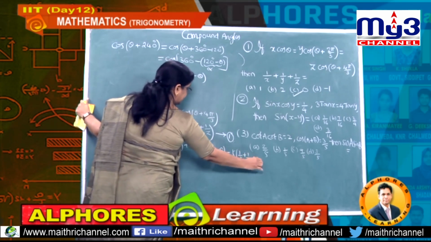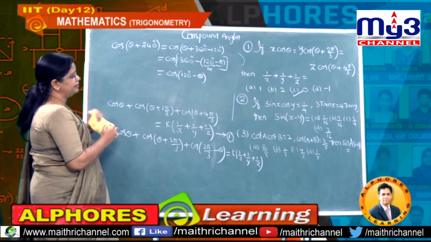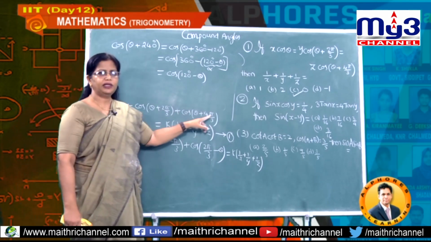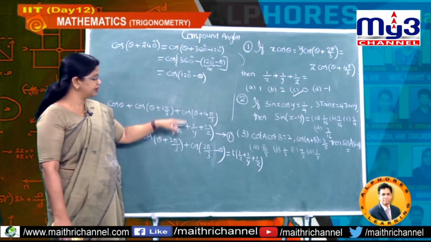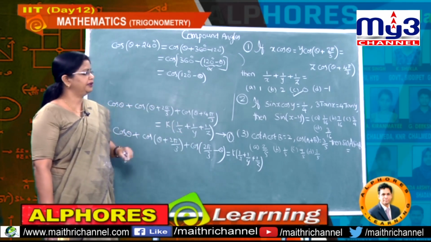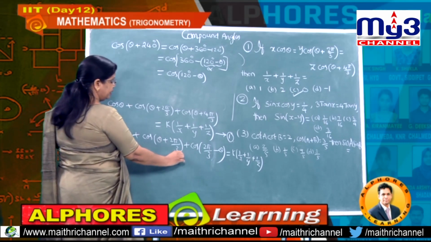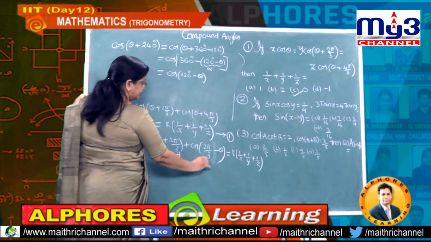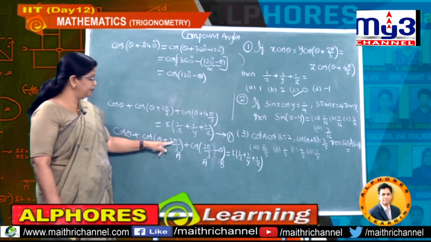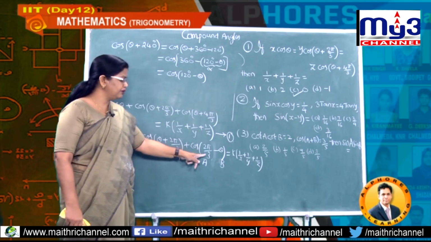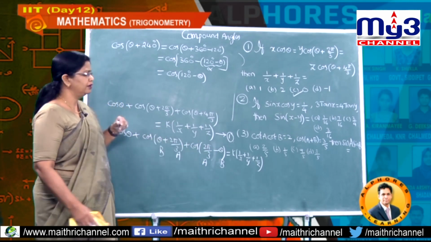So students, I think till now you understand clearly what we did. Simply we substituted cos theta plus 4 pi by 3 value, that is nothing but cos of 120 minus theta. And now here observe, this is of the form a plus b and this one is a minus b. So cos of a plus b plus cos of a minus b, what is that value? 2 cos a cos b.